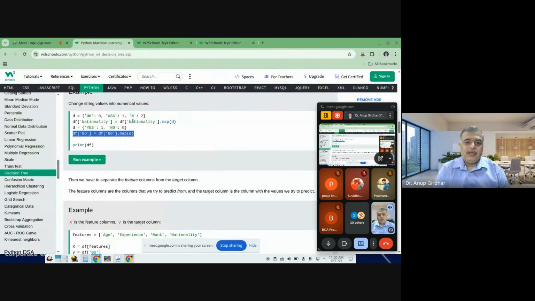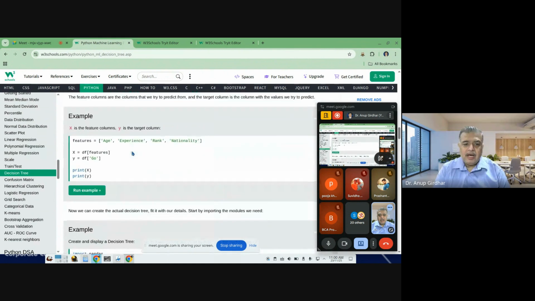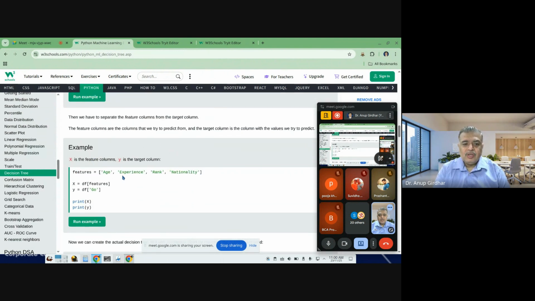Right. And once this mapping is done, now we want the features to be extracted. We have to define some features, where we identify the features on the x-axis and y-axis. All the feature columns are the independent variables, and on these independent variables there is one dependent variable, the y column, go.